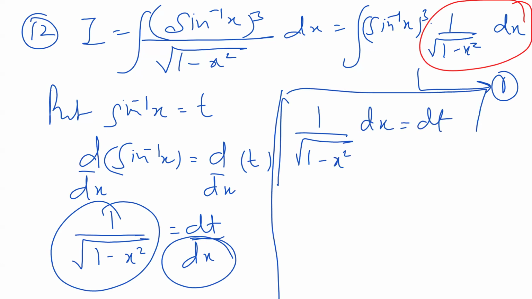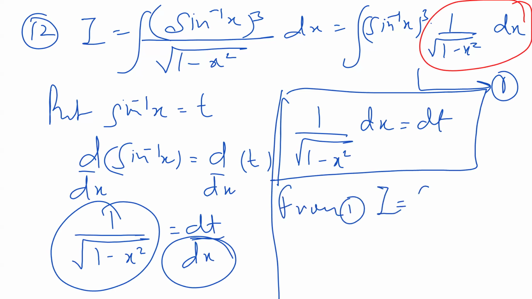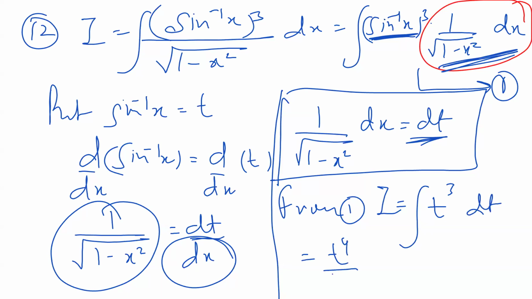Okay. So from 1, integration, sine inverse x is t, so t cube, and this red colored part will be dt. So t raised to 4 by 4 plus c. Now replace t with sine inverse x. Resubstitute t as sine inverse x towards the end of the problem. Let's go to question number 13.